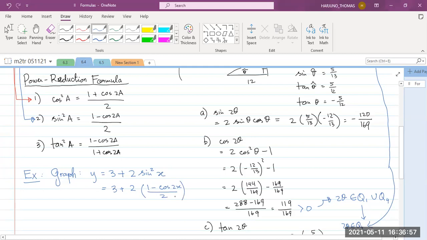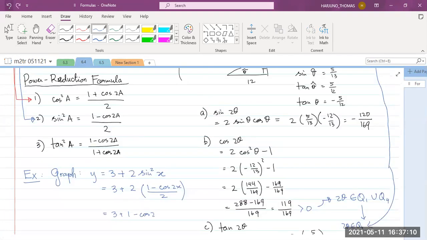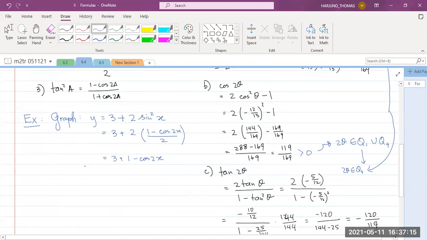Do you see that? So this is 3 plus 1 minus cosine 2 theta, I'm sorry, 2x, which is now 4 minus cosine 2x.